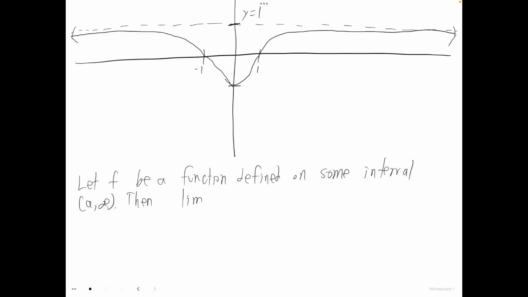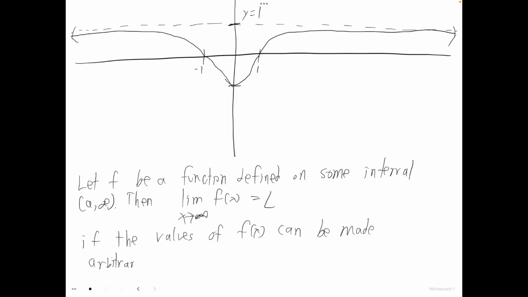Then the limit, as x approaches infinity, of f of x is equal to L if the values of f of x can be made arbitrarily close to L by requiring x to be sufficiently large. And so this is how we define a limit as x goes to infinity.